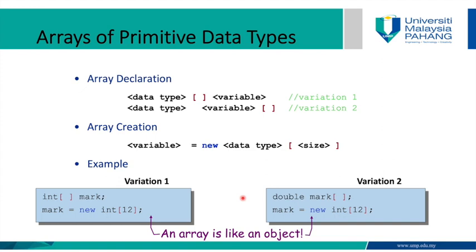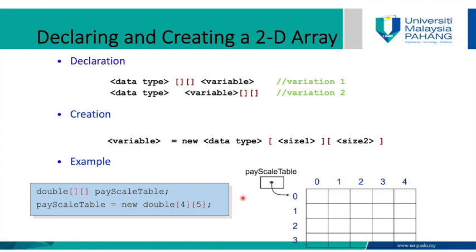So this is the same as the previous one. When you are declaring and creating a 2D array, you will also have variation 1 and variation 2 like the previous one.